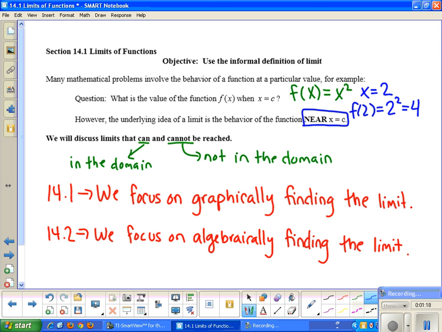Limits that can be reached means that the value of x that you're approaching is in the domain of the function, whereas limits that cannot be reached means that the value near x equals c is not in the domain. So that's when we have to do other things in order to figure out what that value would be reaching. And when I'm talking about this value, the limit is the height of the value as you're approaching x.